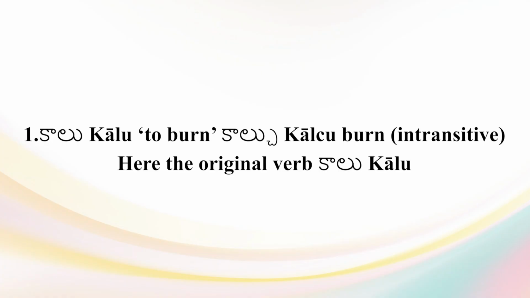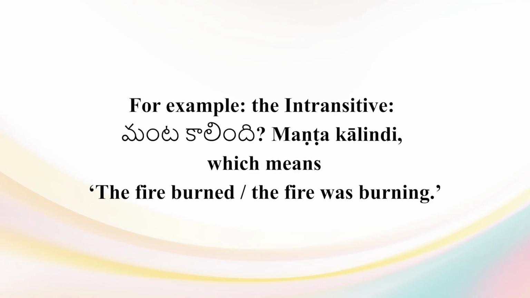Dear learners, now I am going to explain everything one by one. Get ready? Kalu, which means to burn. Kalsu, which means burn. It is a transitive form. Here the original verb is kalu. See the example. మంట కాలింది, which means the fire burned or the fire was burning.